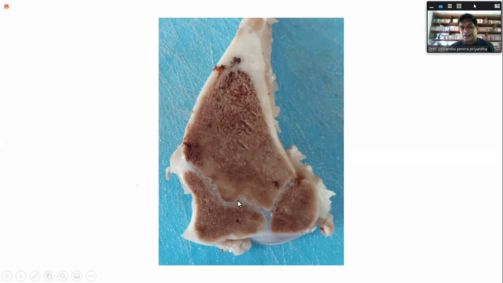The growth plate produces the osteoblasts, which produce osteoid material. Osteoid will be mineralized by deposition of calcium phosphate into bone. So from here, osteoid is produced and mineralized to form bone. That is the metaphysis, right?